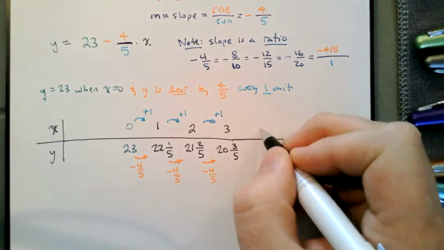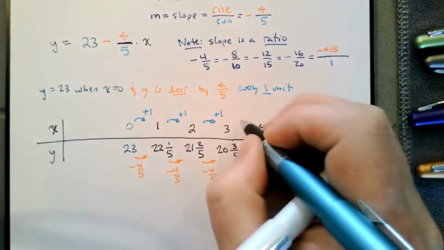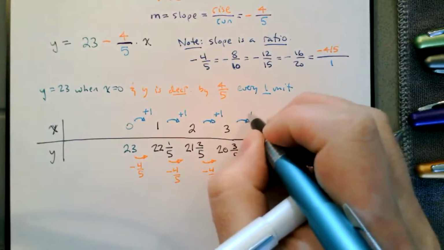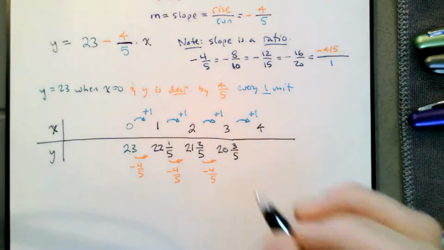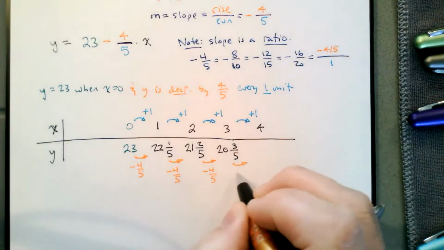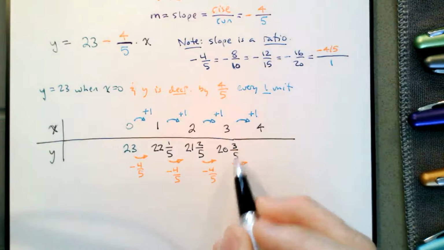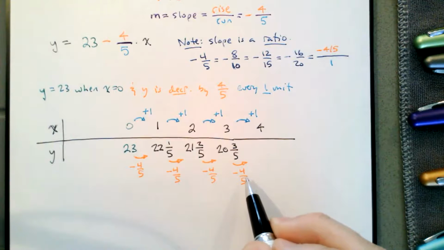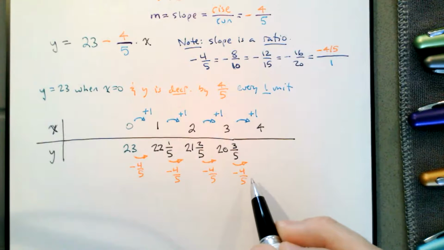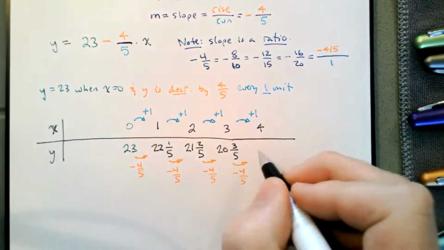And then I'll take another step and subtract another 4/5. So 20 and 3/5, if I subtract 3/5, that'll get us down to 20. And I need to subtract 1 more fifth. So I'll be at 19 and 4/5.